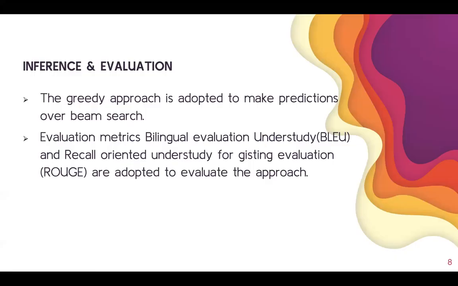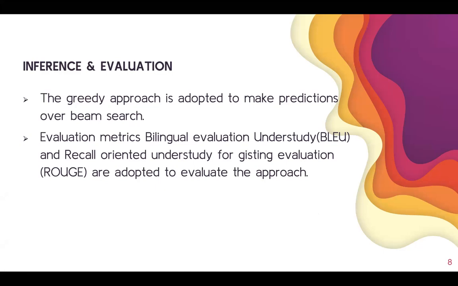For inference and evaluation, after going through the literature review, we found out that there are actually two methods to perform inference for image captioning tasks. We have the greedy approach and we have the beam search approach. But from the literature review, the greedy approach always gives better descriptions than the beam search approach.